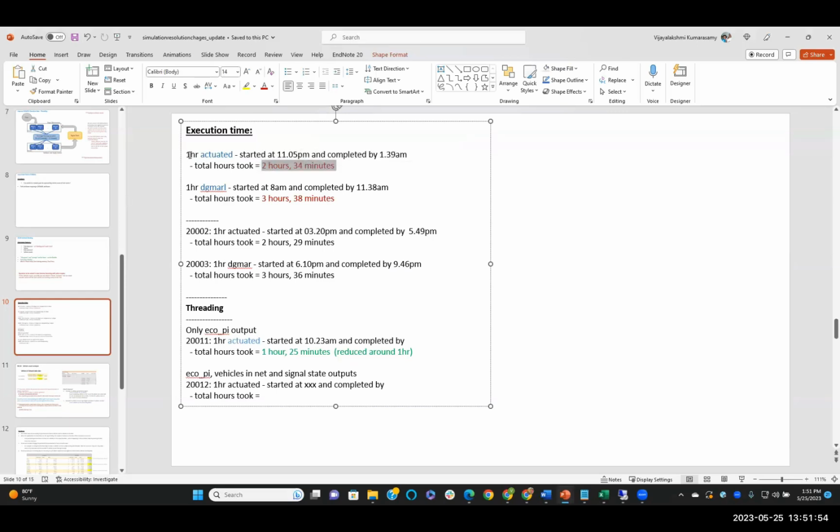I have two versions. One is just to observe the actuated. So if you see, actuated took 2 hours 34 minutes. After implementing multi-thread, I was able to reduce it to run in 1 hour 25 minutes. But still, I want to reduce it further. That's where I want to share this.